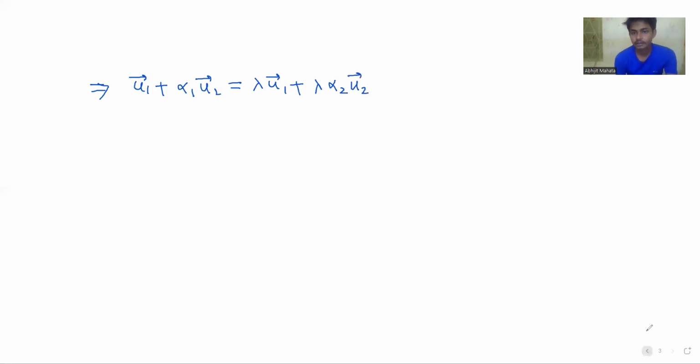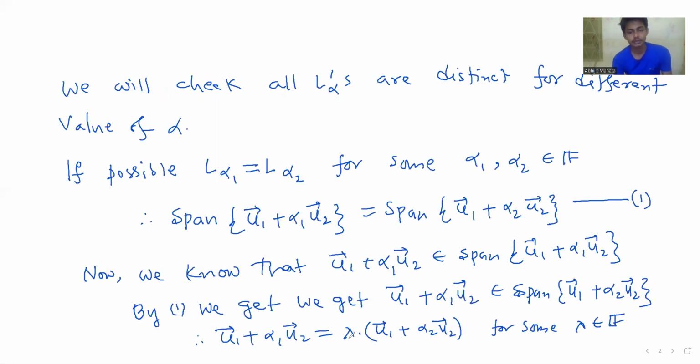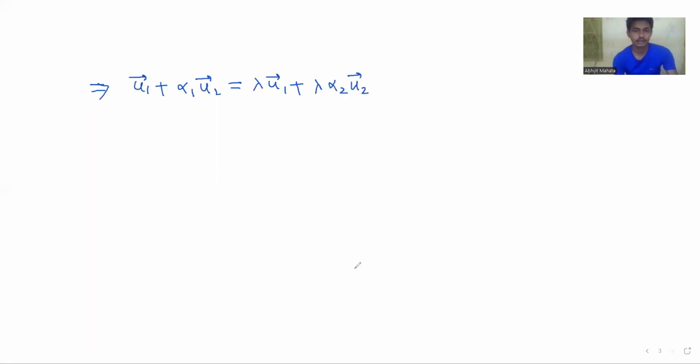Here we use that multiplication is distributive over addition. Now we take all the quantities to the left-hand side and factor the scalars out. Then we get 1 minus lambda of u1 vector plus alpha 1 minus lambda alpha 2 of u2 vector, and this is the 0 vector.